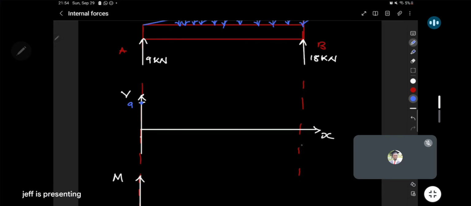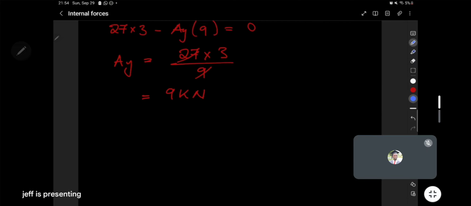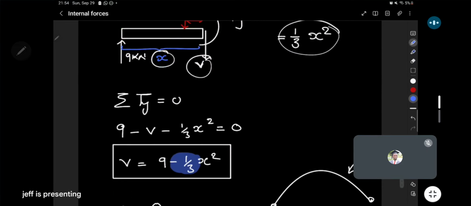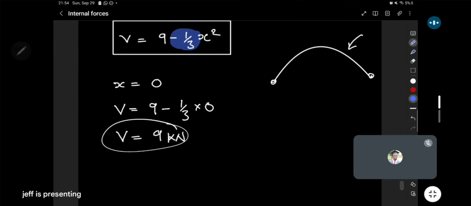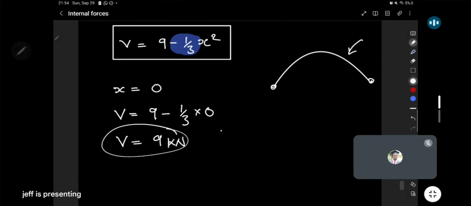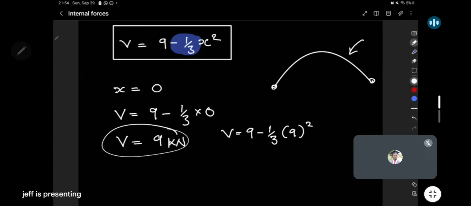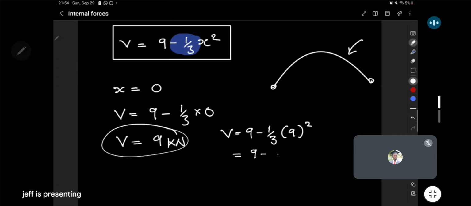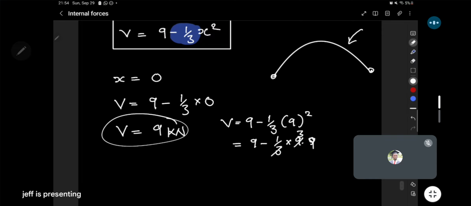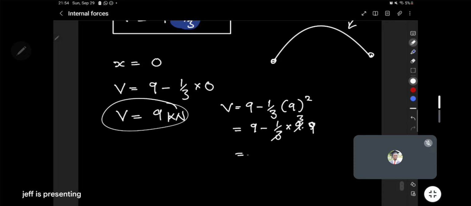But how about at B? Where are we going to be? At B, the length there is 9. So you come to this equation again. What about when x is 9? What will be the shear force? When x is 9, we have 9 squared there. So you have 9 minus 1 over 3, multiplying 9 and 9. This will go 3 times. We now have 9 minus 3 times 9.